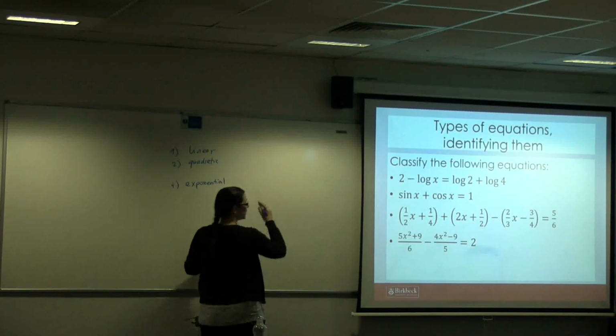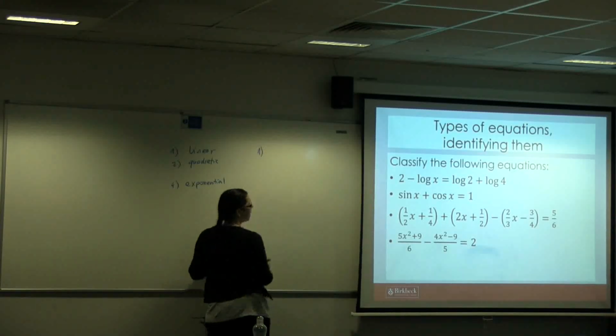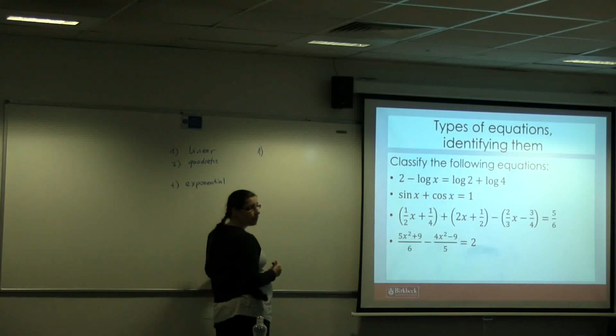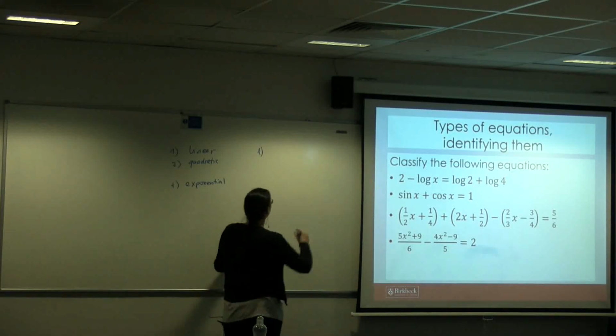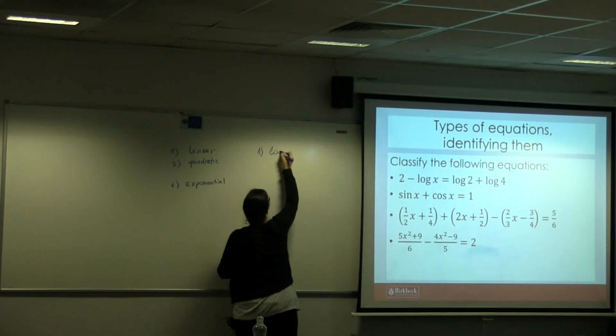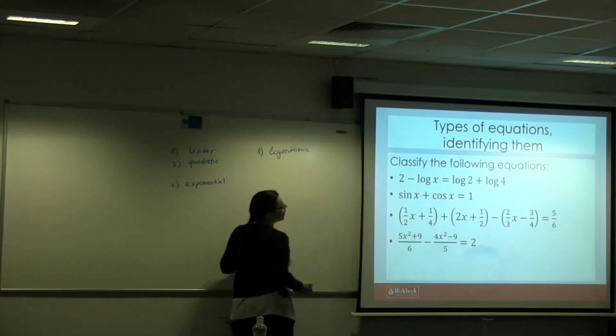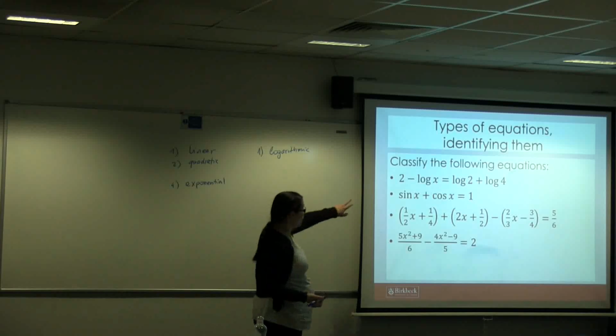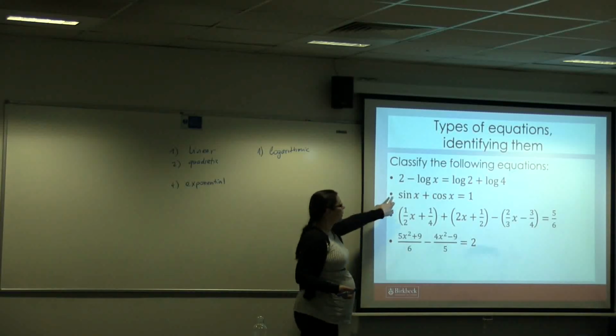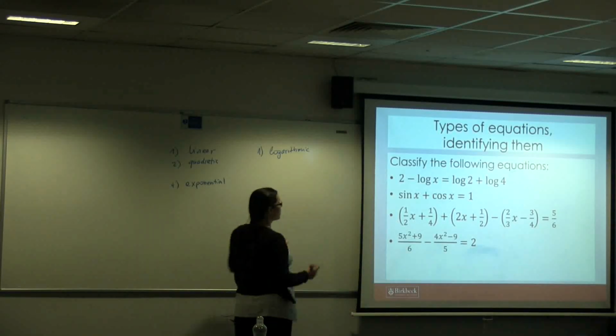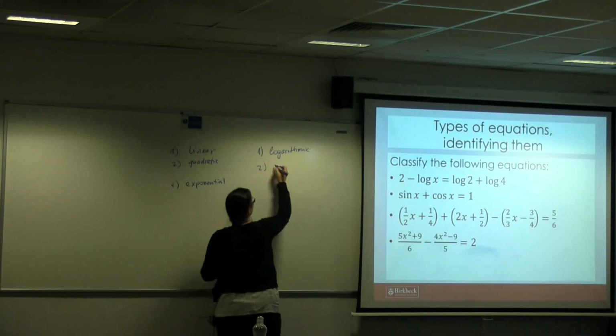So on this slide, the first one would be logarithmic, yes, because we have a logarithm in the equation. That would be a trigonometric, because sine and cosine are trigonometric functions.